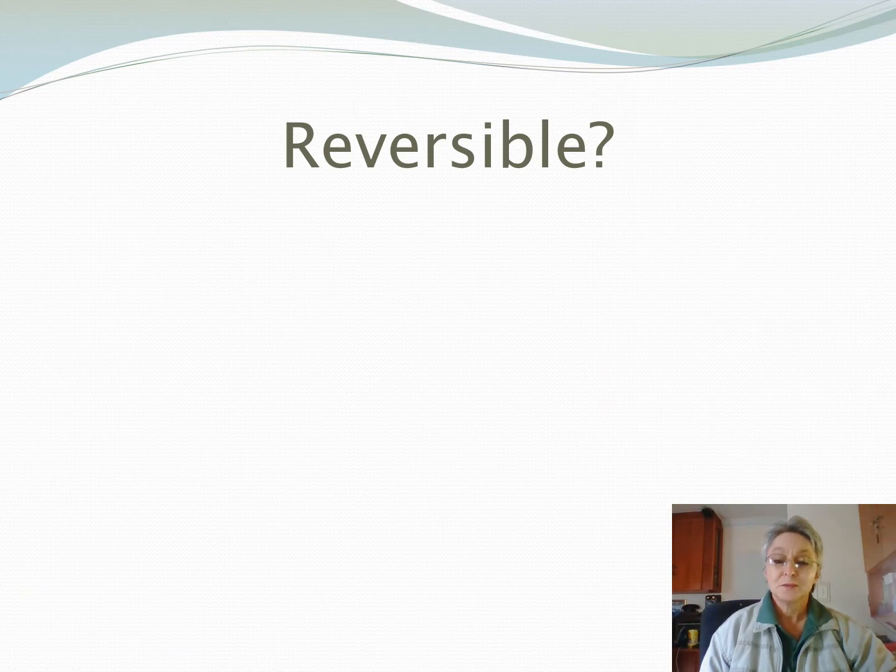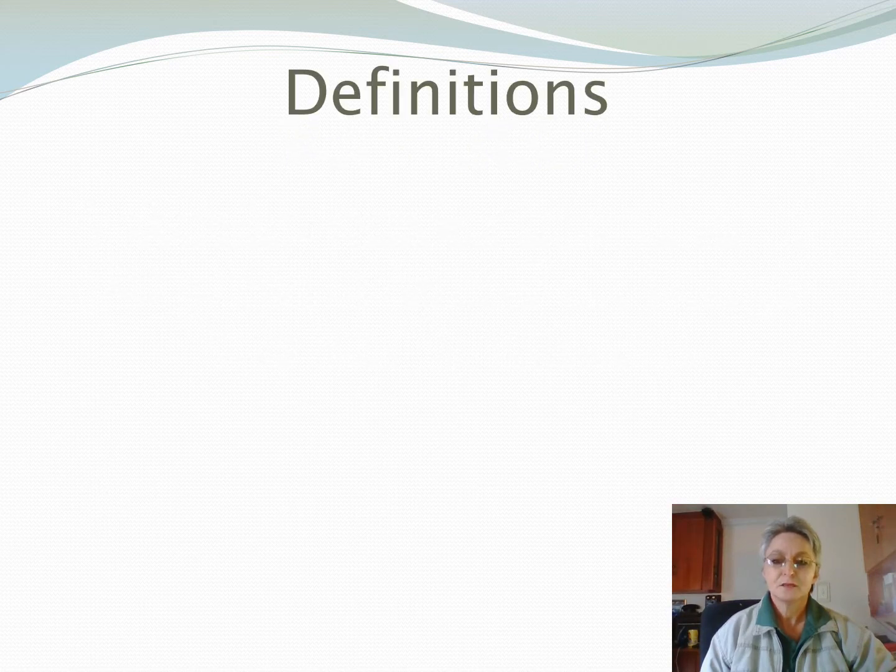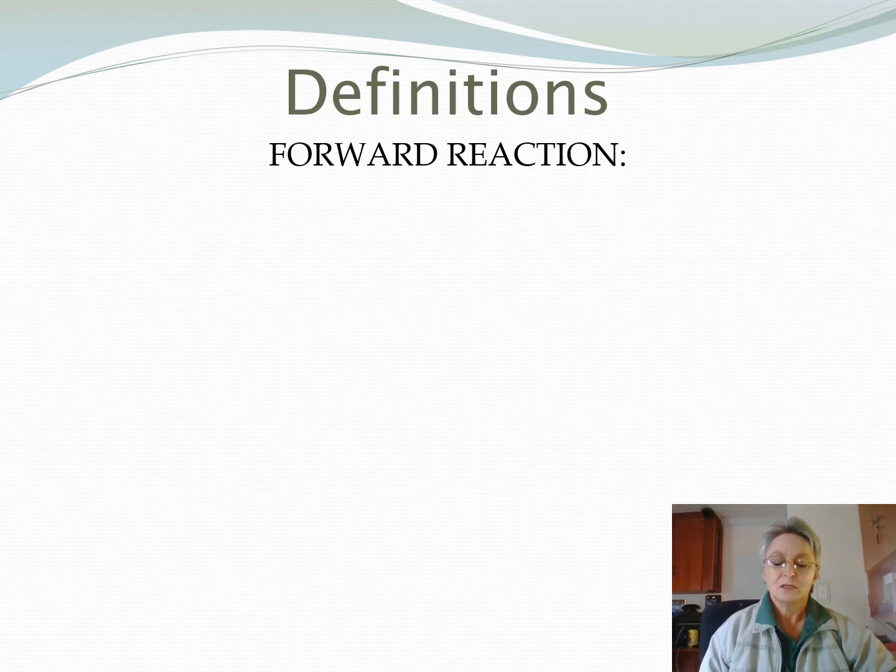What does reversible mean? It means that a chemical reaction can be reversed. A reaction is reversible if the products formed can change back into reactants. So the definition that we need to look at is, what is the forward reaction?